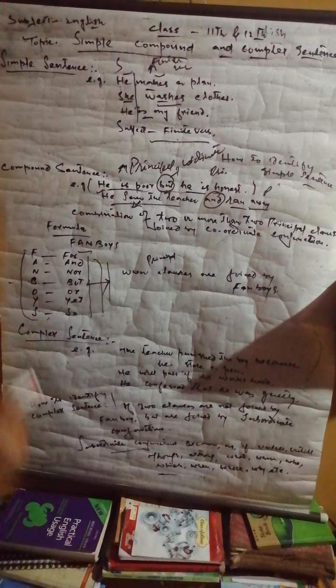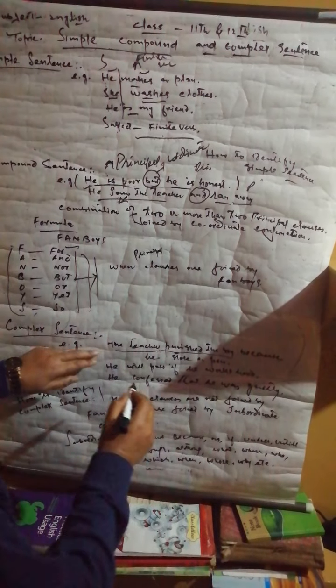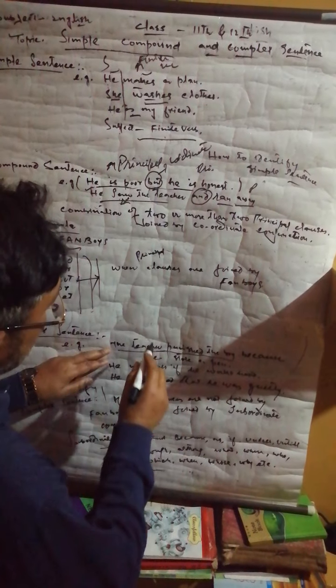Now, what is a complex sentence? See the example. The teacher punished the boy because he stole a pen. This sentence is also a combination of two clauses.